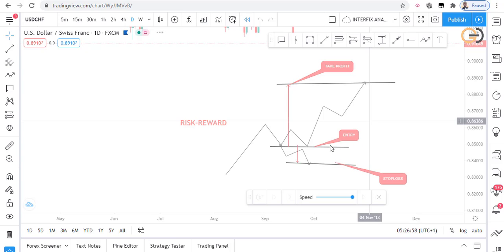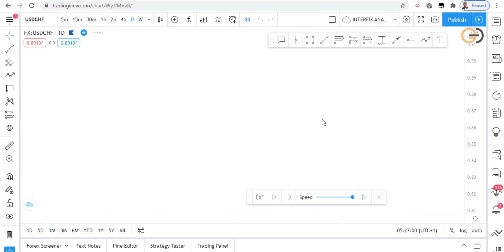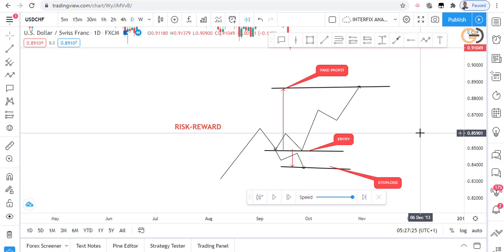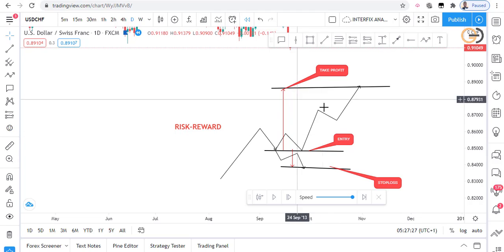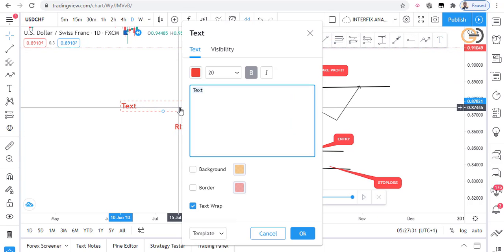Another thing, when we're talking about risk management, you should also be aware that you must risk according to your account size. For example, you have an account of, let's say, $100.